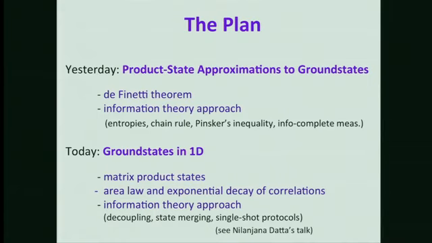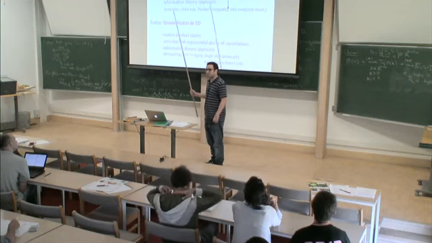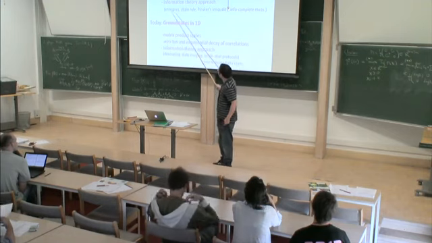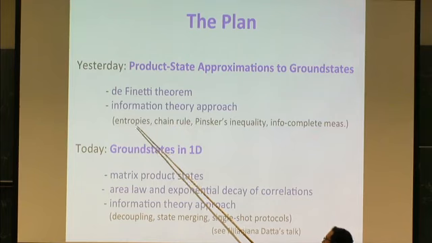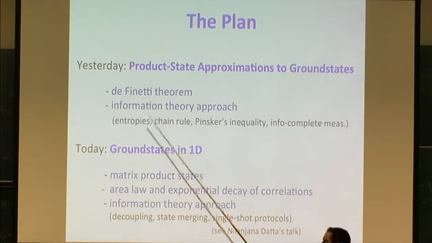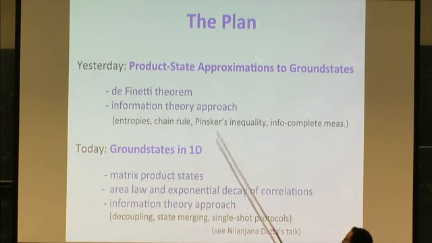The main point was that information theory was useful in seeing when product states do a good job. We didn't use anything more than the definition of entropy or mutual information and some basic properties, so we only used information theory in some abstract way.